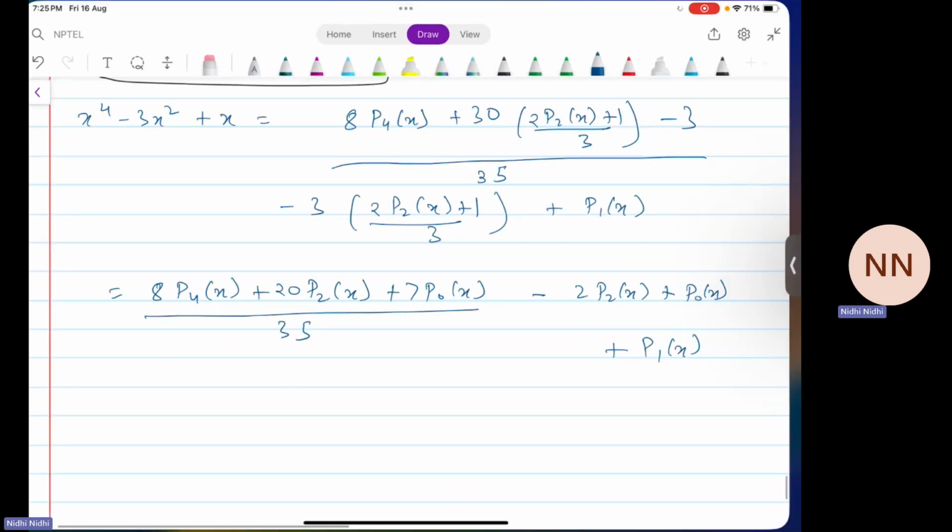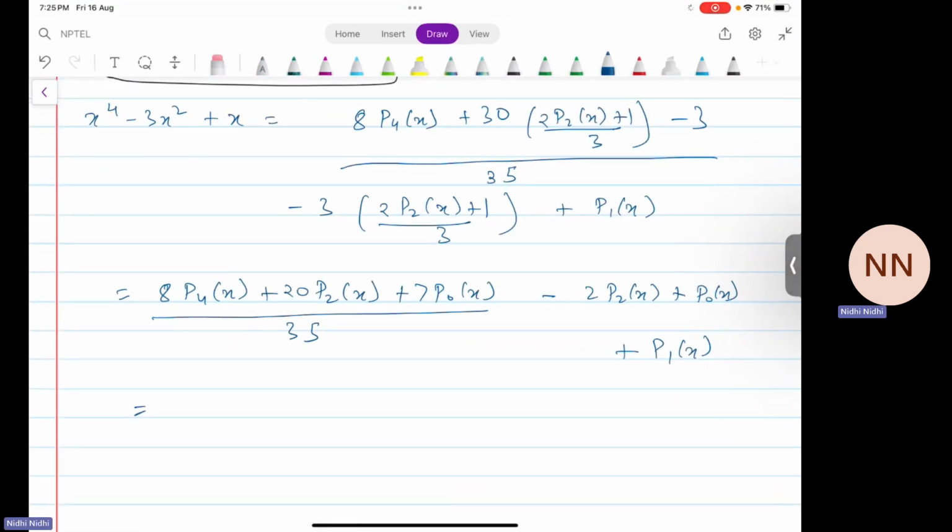Now this is 8P4(x) by 35 minus 3 by 7 P2(x). Just simplify this. 20 by 35 is 4 by 7, minus 2... 4 by 7 minus 2 would be 3 by 7.